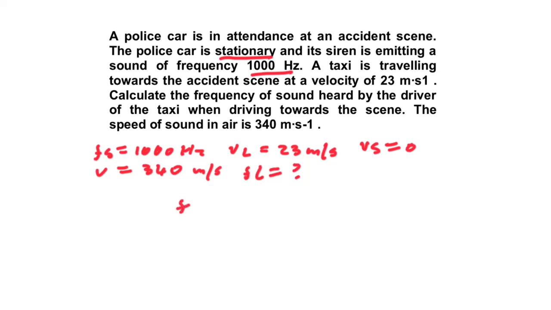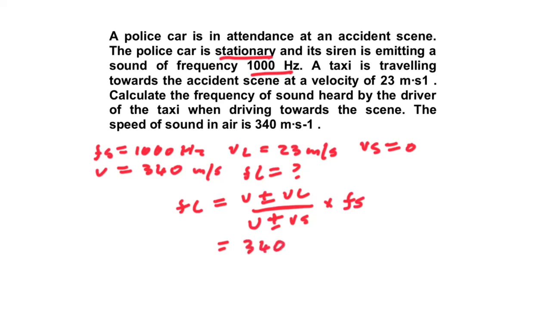So we're going to have FL being equals to V plus or minus VL divided by V plus or minus Vs multiplied by Fs. So what is V, speed of sound in air? 340. Our listener is moving towards. So on the numerator, we're going to have plus 23.